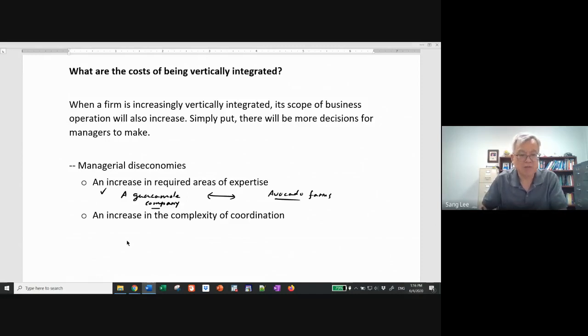Now, the second example is an increase in the complexity of coordination. Let me use the same example again, the Ford Mustang. People say that to manufacture a car, more than 20,000 parts are required. Let's say one of them is a cup holder.